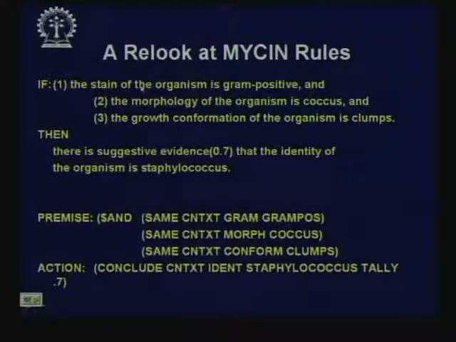So, the experts could conclude that the organism is Staphylococcus with a belief of 0.7, assuming that all these three antecedents are true. Now, this 0.7 is what we will be discussing. This is the certainty factor.